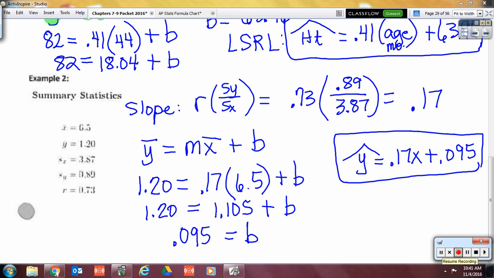All right, so here's all the work on that, and you could pause the video right here if you wanted to take a look. The final answer ends up being predicted y equals 0.17x plus 0.095. I rounded that slope to 2 decimal places. So pause that here if you need to take a look at that information.